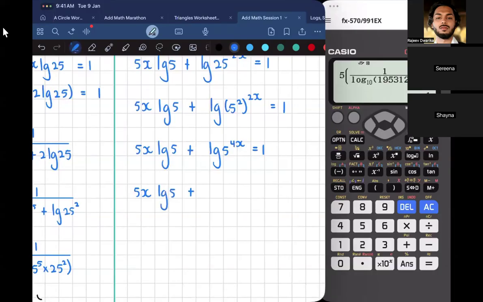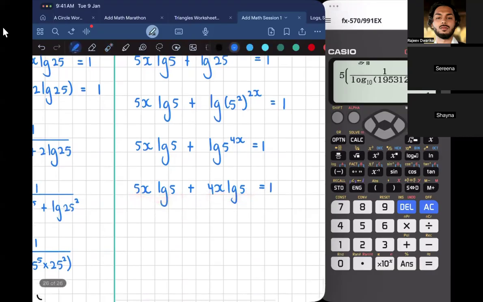That'll be plus what? Plus 4x log 5. And that will be equal to 1. Okay. So Sheena, if you look, we are seeing 5x log 5 and we have 4x log 5. Altogether, that's going to be 9x log 5.